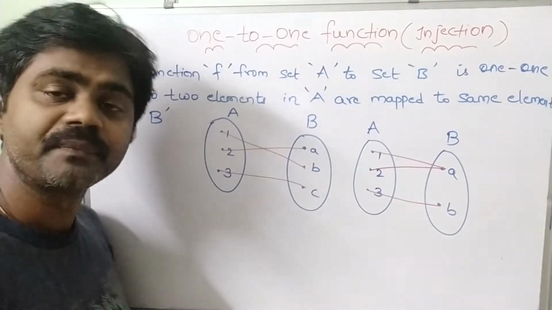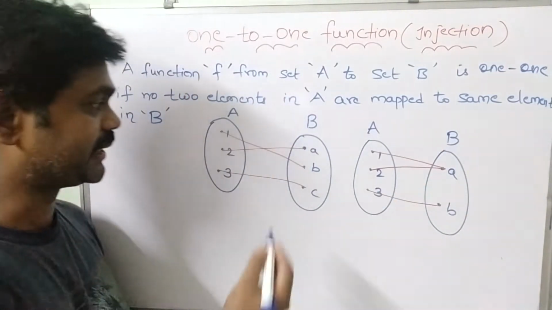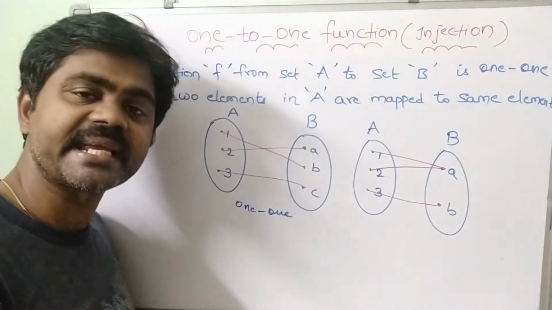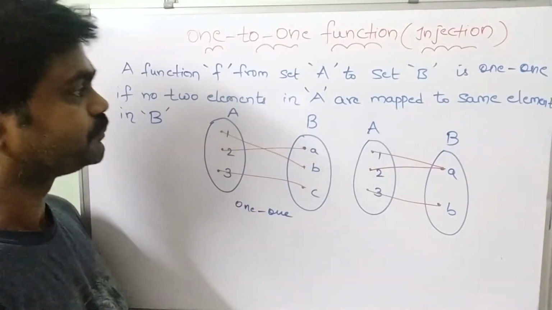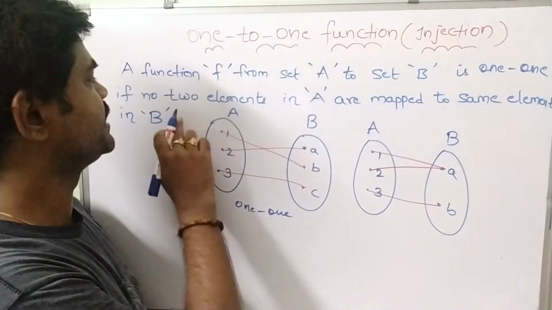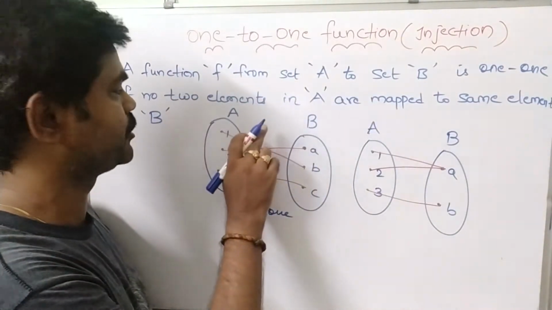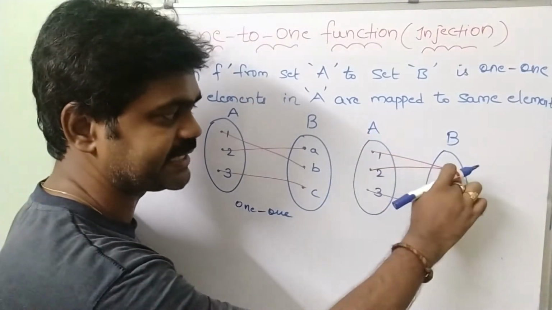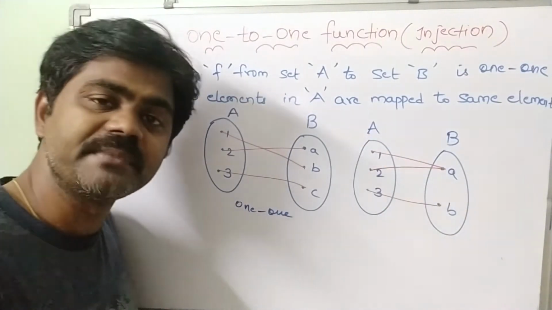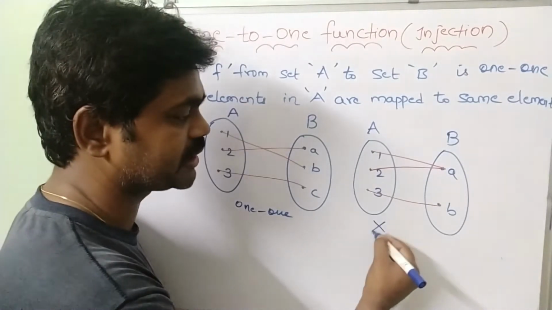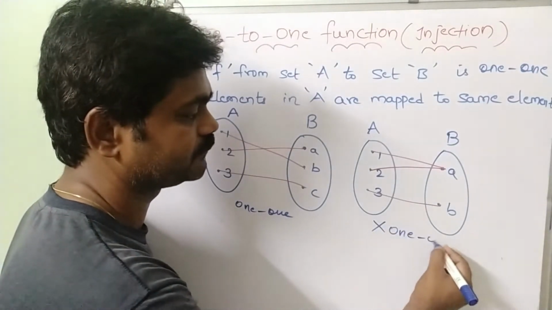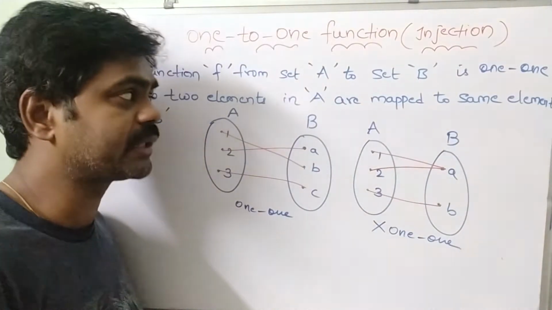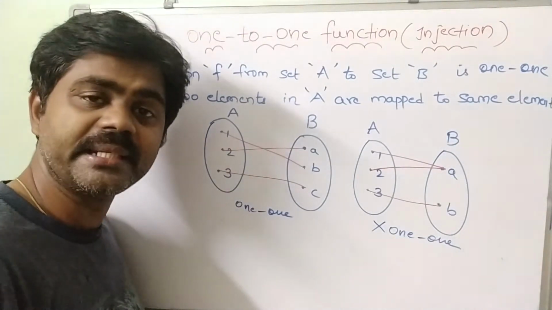The first example is one-to-one. Now let us see whether the second example is one-to-one or not. No two elements in A are mapped to the same element in B. Here two elements of A are mapped to the same element of B. So from this we can say that this is not a one-to-one function. No two elements from A should be mapped with the same element in B.